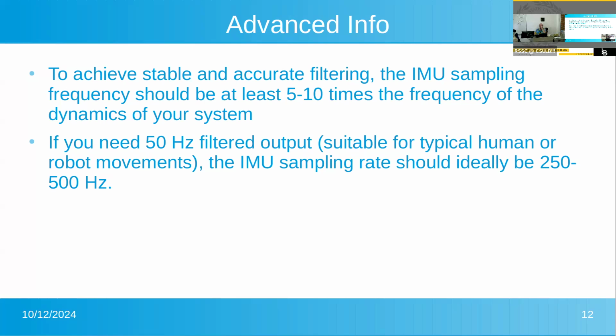I doubt I'll be able to achieve that, but that's what the real expert recommendation is: you need 5 to 10 times the frequency of your system. So if you try to do 250 hertz through USB of this message with those 9 numbers, along with other data on that bus, because that bus is shared with all the messages going both ways, it's going to start filling up.